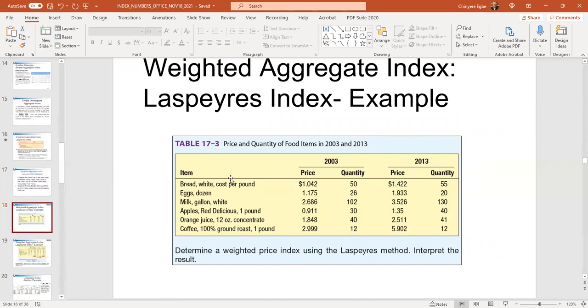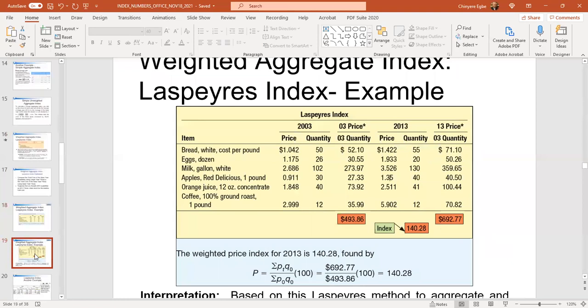You have the 2003 prices. You have 2013 prices. Okay, so let us see what we do. We look at the prices. This is the price in 2003 and the quantity in 2003. Okay. Now we have the price in 2013, but we are comparing them to the quantity of 2003.